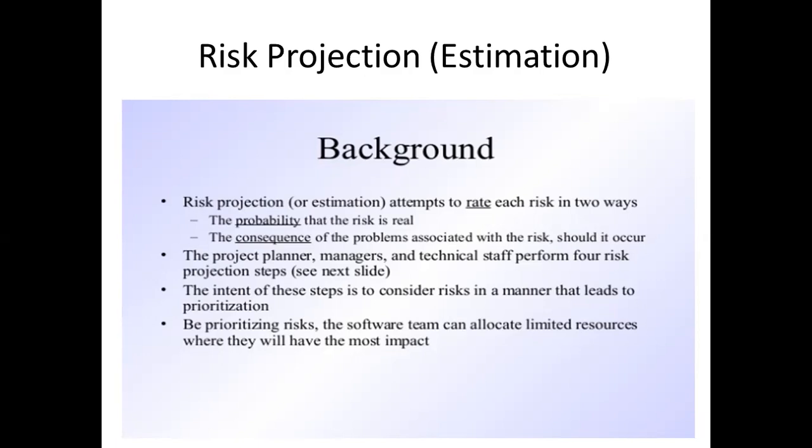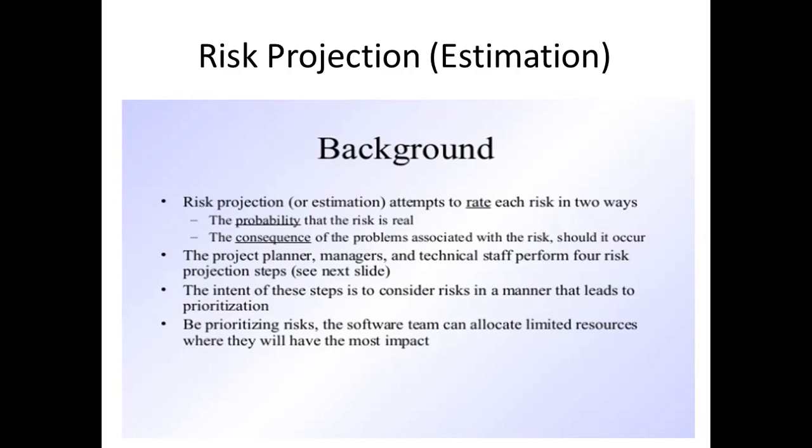Whenever we are going to estimate the risk, there are two ways we use. First, we will consider the probability that the risk is real. And another is called the consequence of the problems associated with the risk.